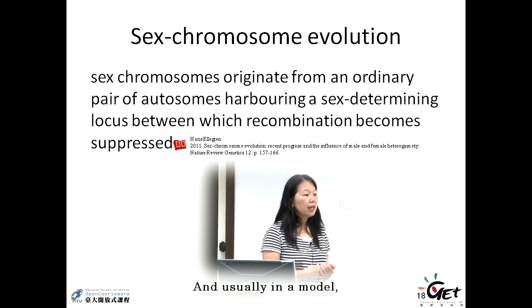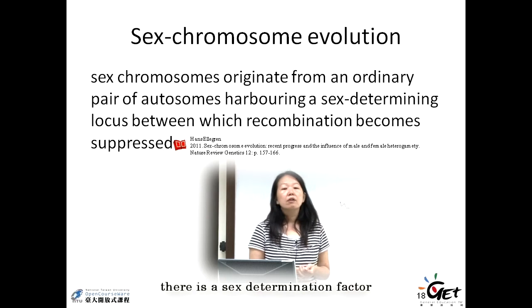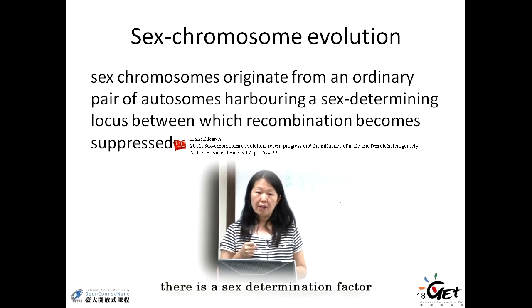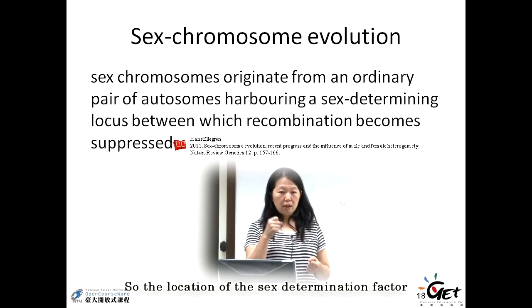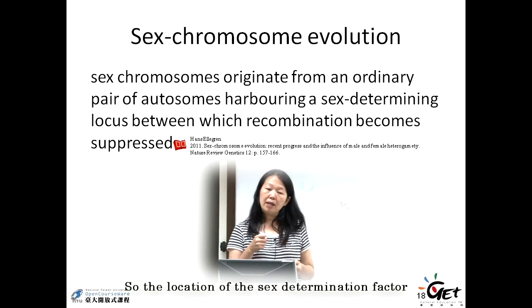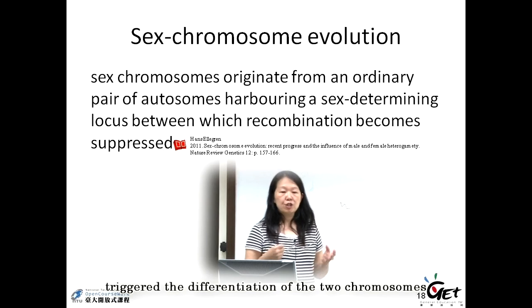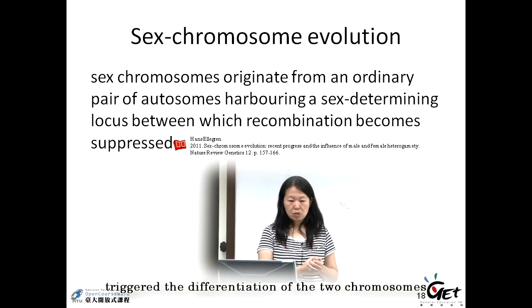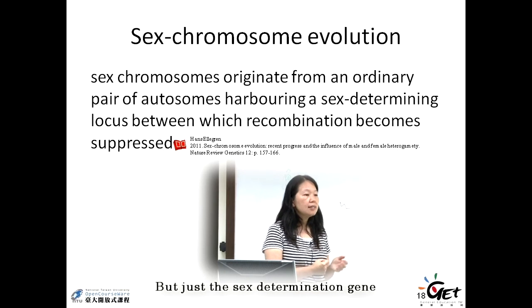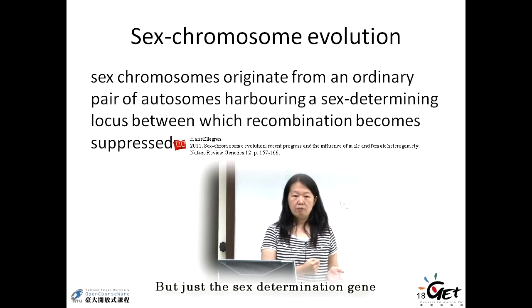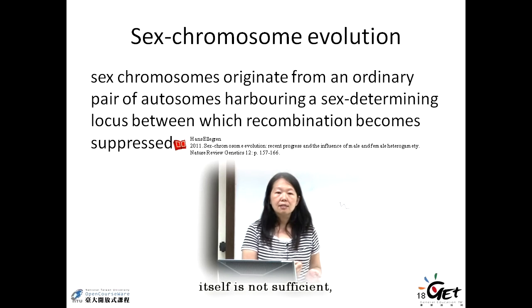Usually in the model, there's a sex determination factor. The location of the sex determination factor triggered the differentiation of the two chromosomes. But the sex determination gene itself is not sufficient.